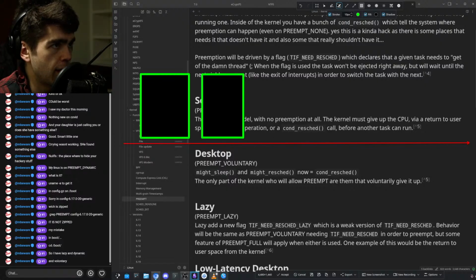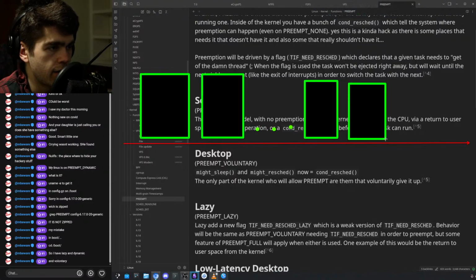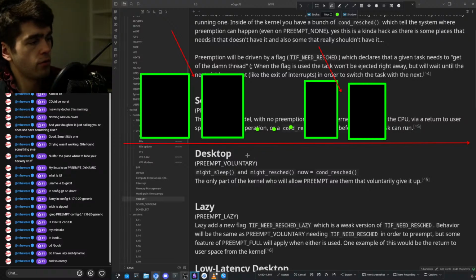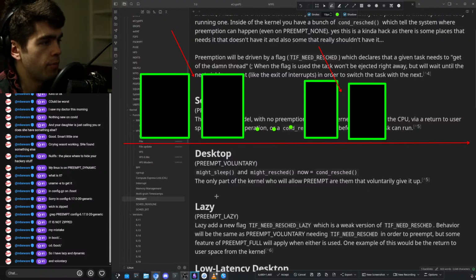So there might be something over here, but this happens there, and this happens there. The fact that nothing can get in between these is important and is sometimes taken for granted, because most servers are going to run preempt none.